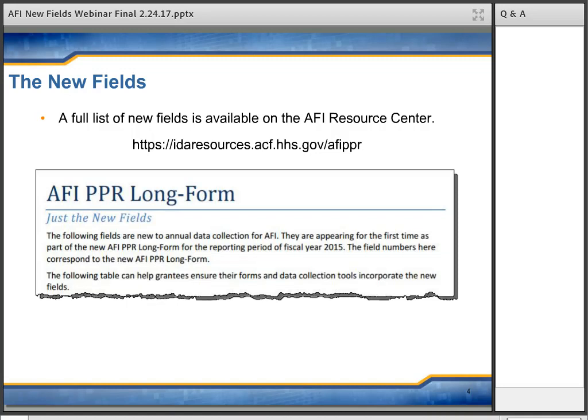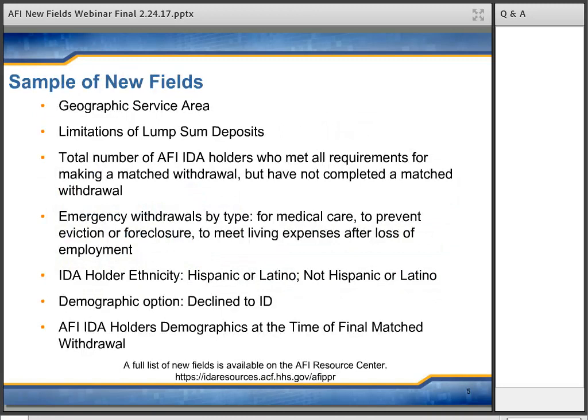How do you determine those ready to purchase as those who purchased? That's a good question. So in this sense, I think we're referring to the new field. Let me go there. So the third bullet here is the total number of IDA holders who met all requirements but have not completed a matched withdrawal, so they're ready to make that purchase. So basically, they've met your requirements. They're ready to purchase as far as the rules go.